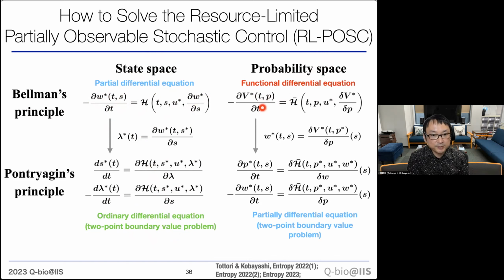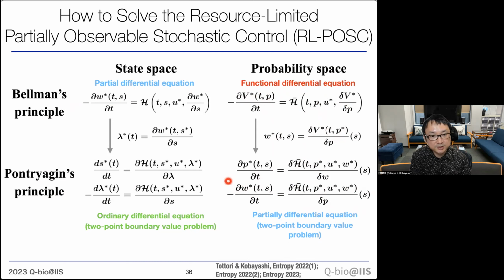The HJB equation from the Bellman principle is a functional differential equation, but by introducing the variation of this value function, and defining the variation like this, we can obtain the Pontryagin principle like this. The point is that here we have the equation for omega.